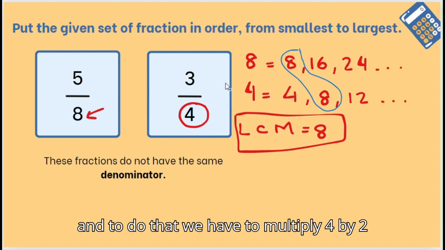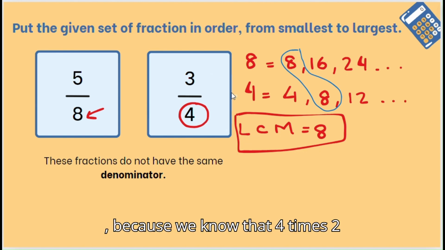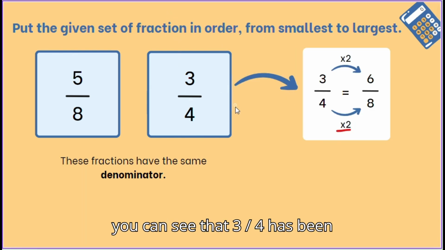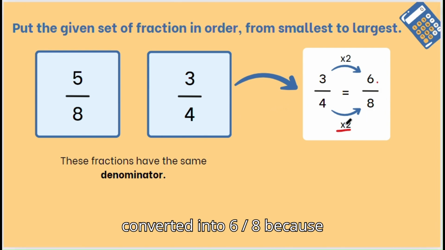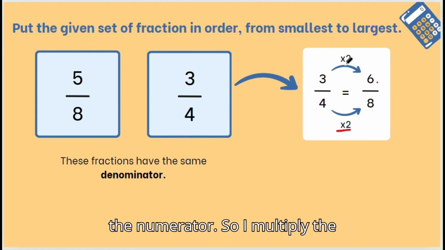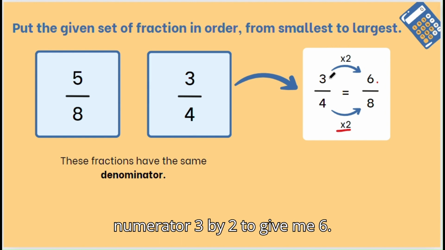To do that, we multiply 4 by 2 because we know that 4 times 2 will give us 8. So now you can see that 3 over 4 has been converted into 6 over 8 because 4 times 2 is 8. And what we do to the denominator, we have to do to the numerator. So I multiply the numerator 3 by 2 to give me 6.